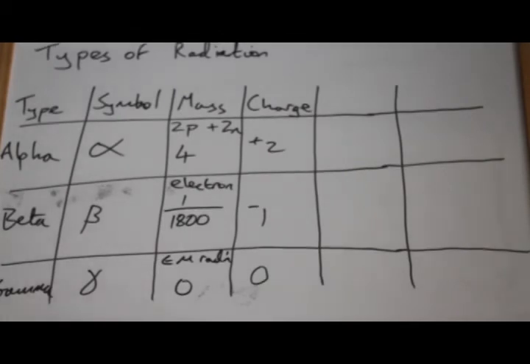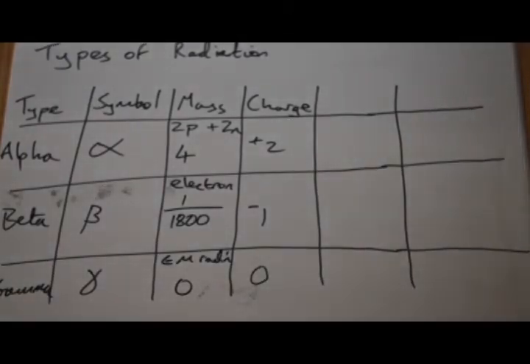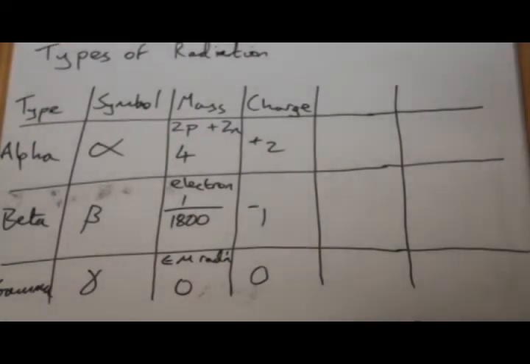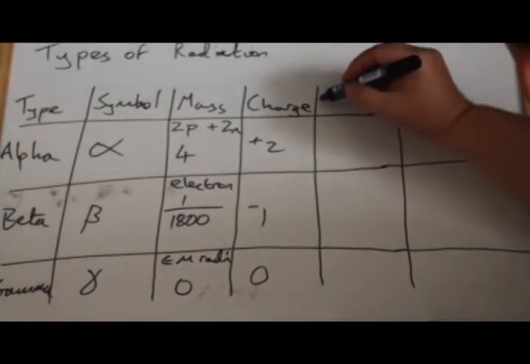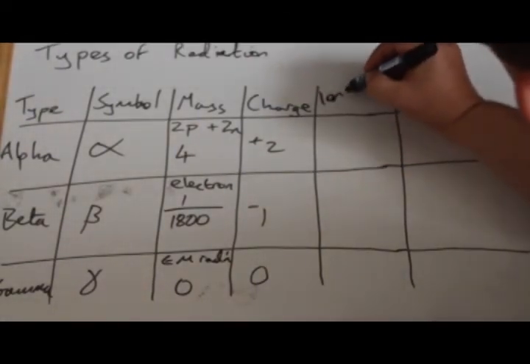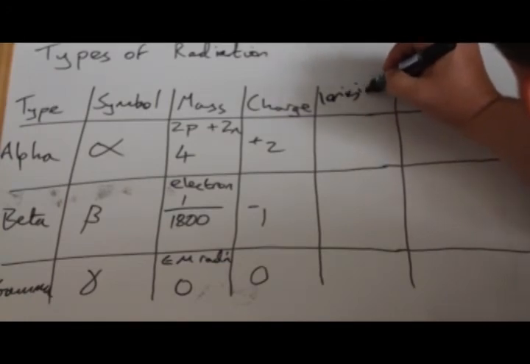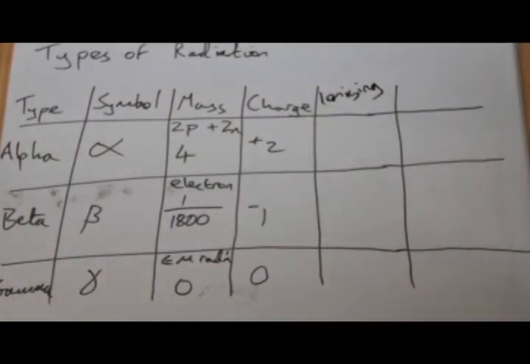Now, I can't tell you which of these 3 types of radiation is the most dangerous, because it depends on the circumstances, but there are a couple of things that we can consider. The first is how ionising they are. Now, ionising means stripping electrons off or adding electrons to atoms, and of course, if that's happening to the atoms in your DNA, in your cells, it can be very dangerous indeed.